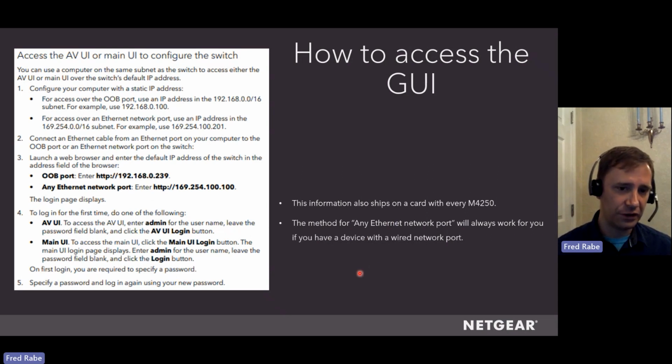All of these switches, to get into the GUI, there are two different ways, and I wanted to cover that really quickly here. There is a port on all of our M4250s and 4300s and 4350s called an out-of-band port, or OOB. This has a static IP set at 192.168.0.239.